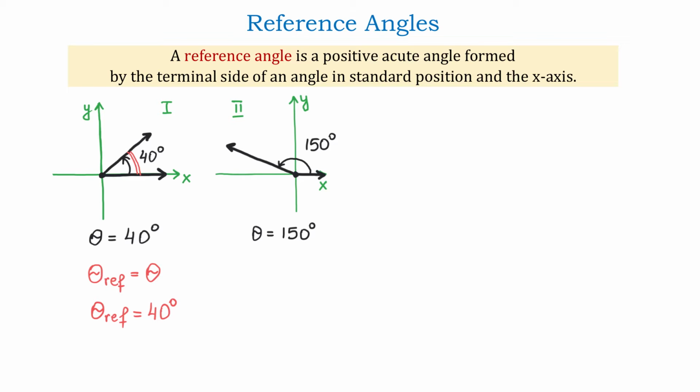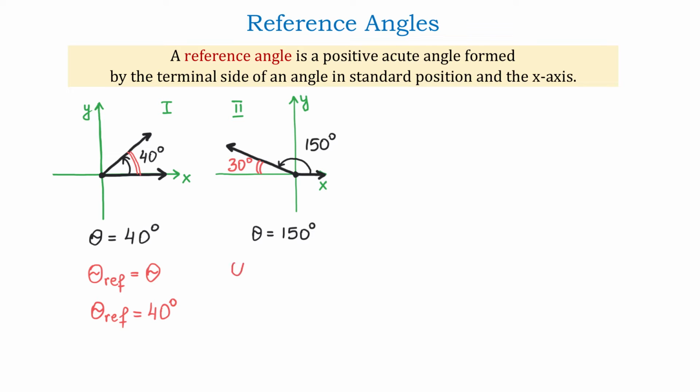This has to be an acute angle formed by the terminal side of theta and the x-axis. So then here is the reference angle, and it is always positive, and the measure of this angle is 30 degrees. And as you see, to find the measure of this angle, we take 150 degrees and we subtract it from 180 degrees.